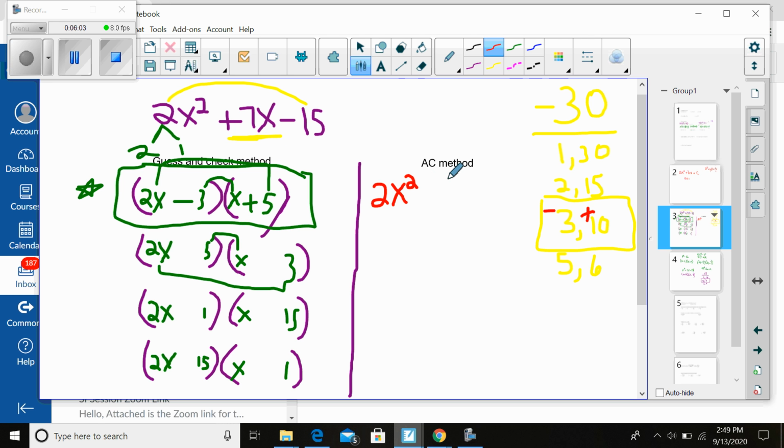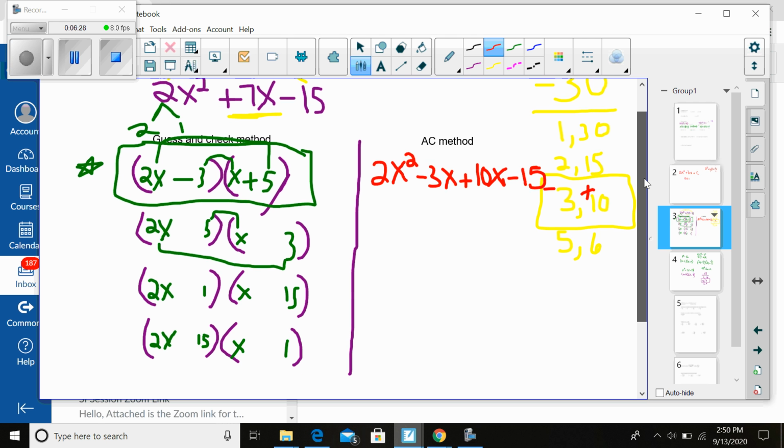So notice if I replace 7x with its equal, 3x plus 10x is equal to 7x. I have just made the expression look different, but I have kept the value. This has the same value as the original expression, just looks different.